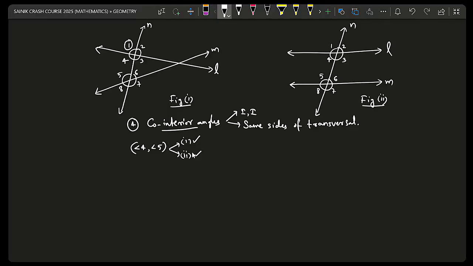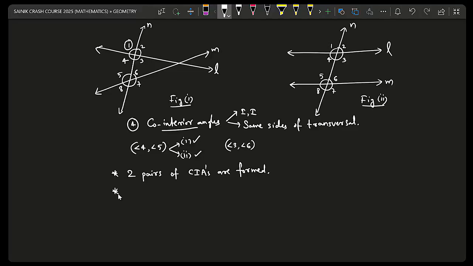Any other pair you can say? Sir, 3 and 6. Yes, 3 and 6 are also a pair of co-interior angles. Other than that, are any pairs possible? Sir, no. Then you can mute. So how many pairs are possible when two lines are intersected by a transversal? Two pairs of co-interior angles are formed when two lines are intersected by a transversal.